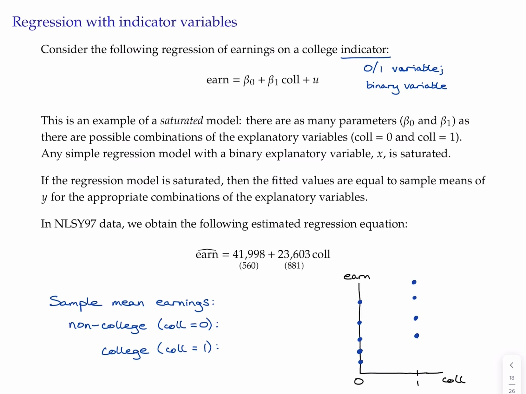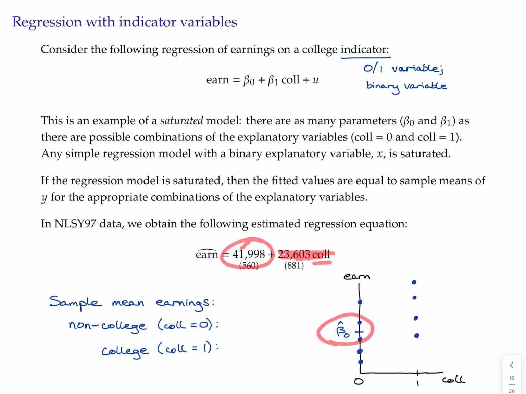So we might say the intercept is somewhere in the middle here. That's our beta 0 hat. And then there's only two fitted values that are possible here. When college is equal to 0, you get this predicted value for the non-college group. That's the intercept.